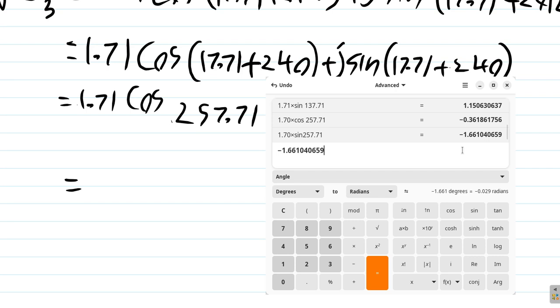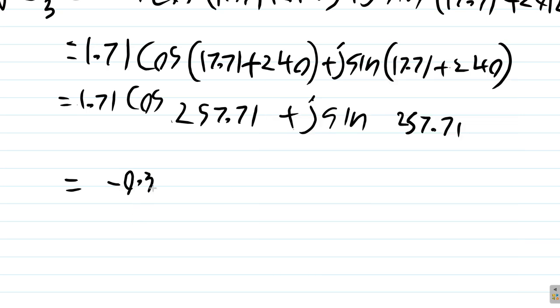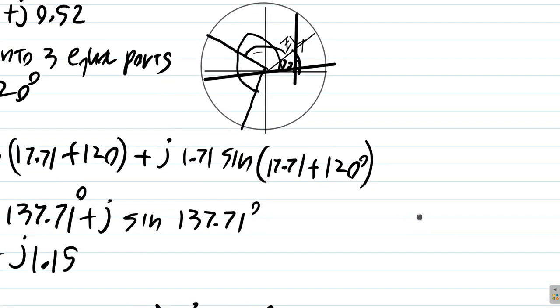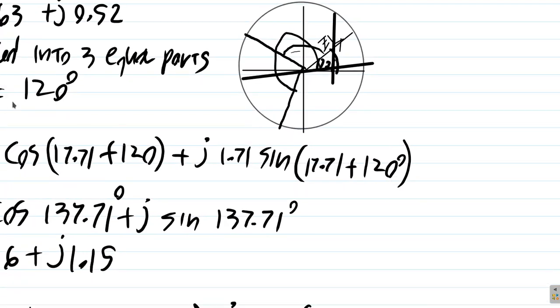So negative 0.36, negative 1.66. Well, it's minus j, right? It's minus j 1.66.